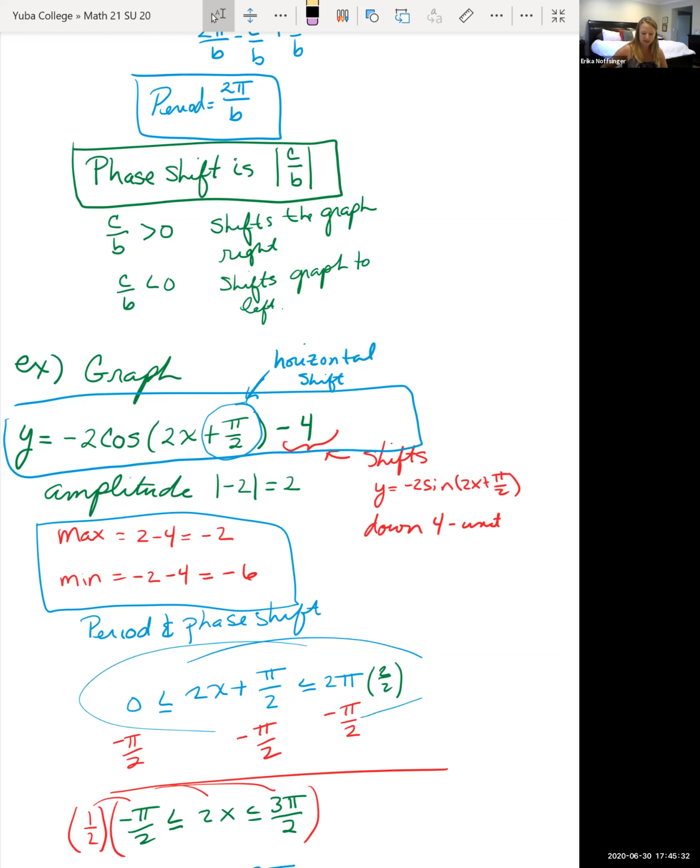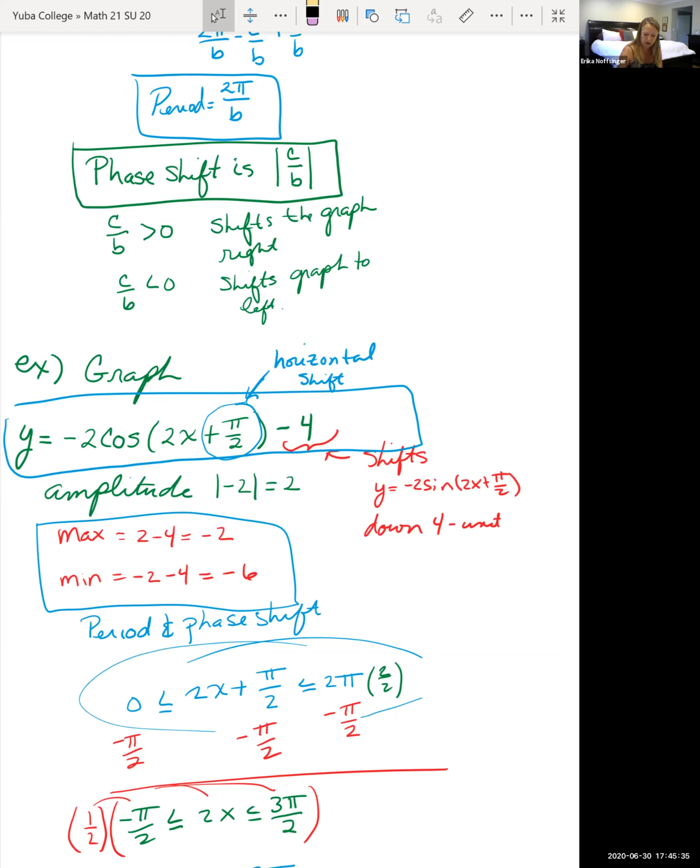But notice when I was solving it, I had negative C over B here, which made sense that it went to the left because of the minus sign. You're moving your X value over negative, but it was positive in there. And so that's why I put the absolute value there.